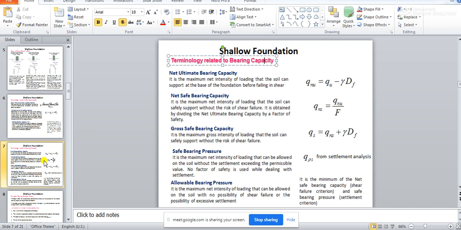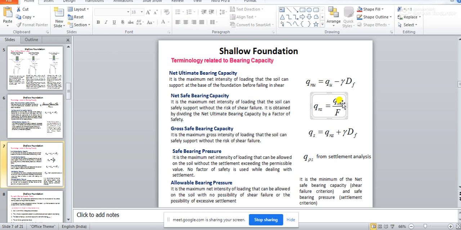Instead, we will be calculating the net ultimate bearing capacity, and after we get it, we will apply some amount of factor of safety F. That means we will be reducing the carrying capacity by some amount, so that our structure or foundation will always be safe under the load.